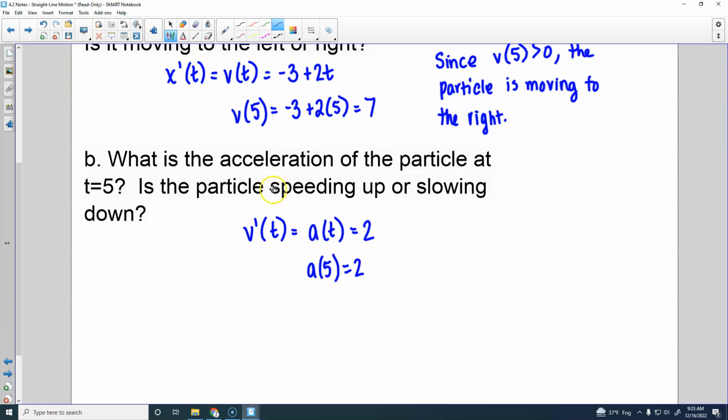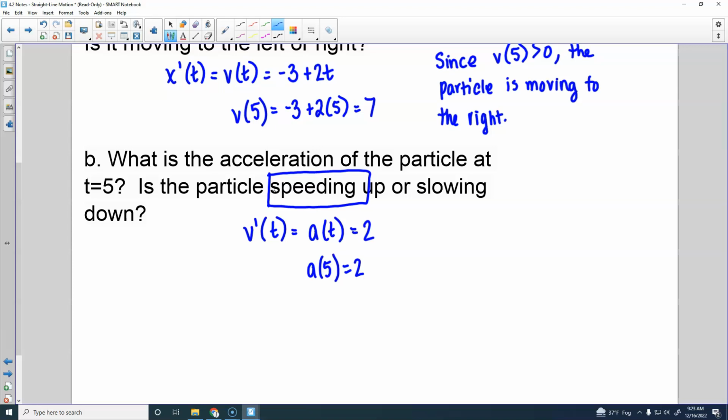The key right here is that they're asking you for speed, not velocity. If they ask you whether the velocity is increasing or decreasing, then you just look at the sign of acceleration. If acceleration is positive, velocity would be increasing. If acceleration is negative, velocity would be decreasing.